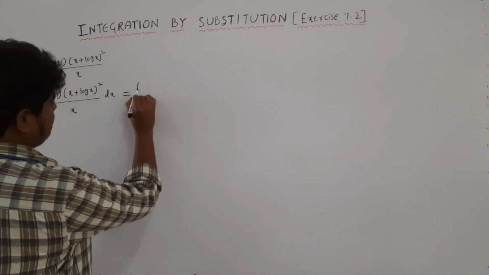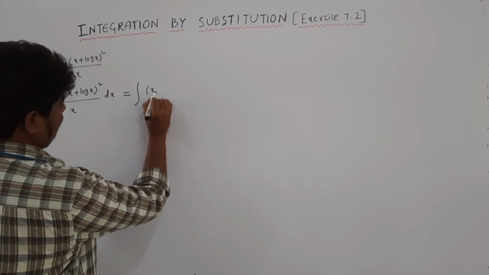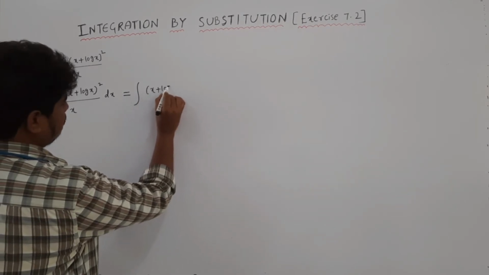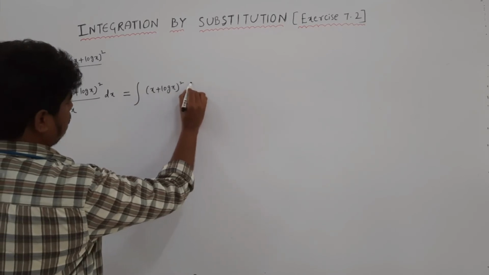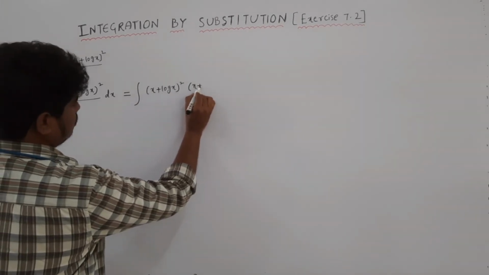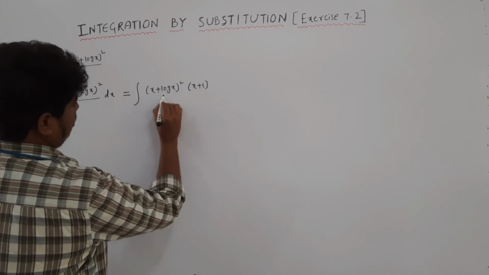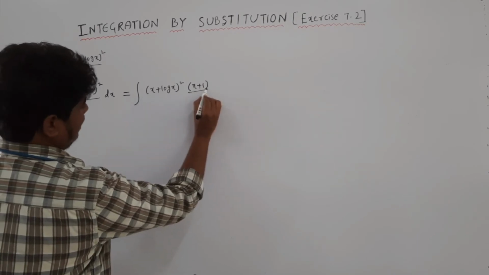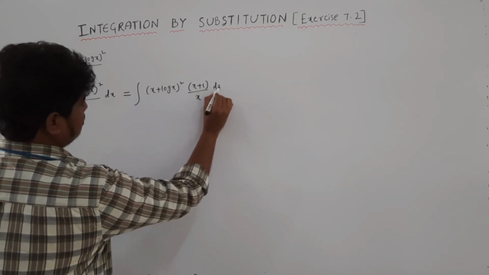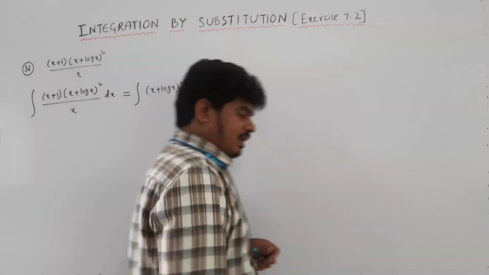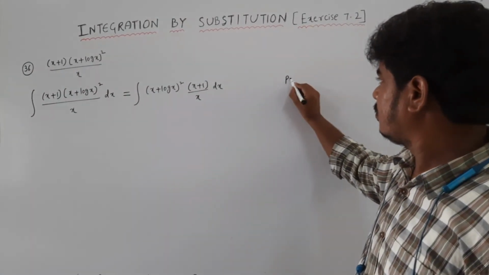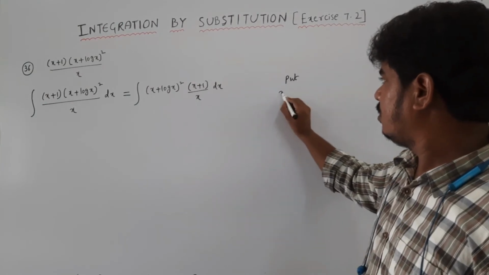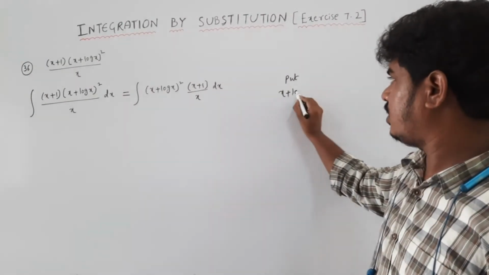Here I arrange like this: integral of x plus log x whole square into x plus 1, divided by x dx. Take x plus log x is equal to t.